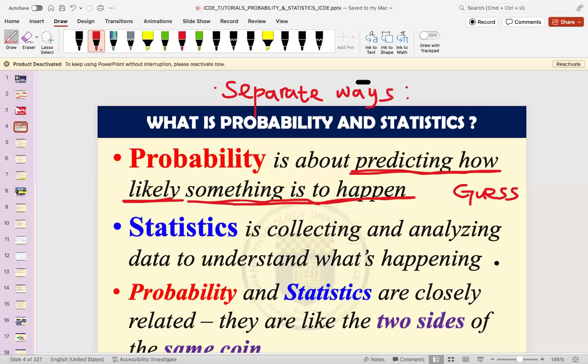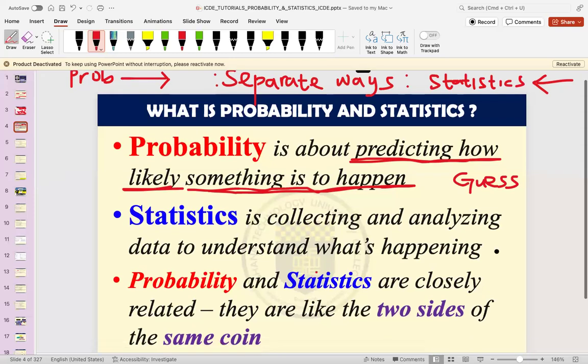So pictorially, we can say whilst probability is moving in this direction, that is from left to right, statistics is doing the opposite. Statistics is rather moving from right to left. They are entirely different. But as we progress, we'll see whether we should treat them separately or, even though they are in different directions, we should treat them together or at the same time.